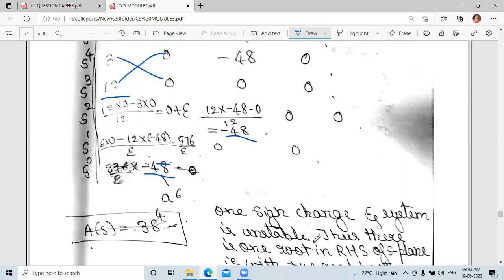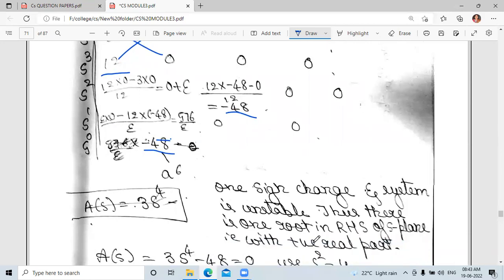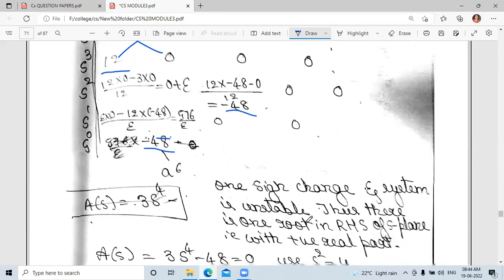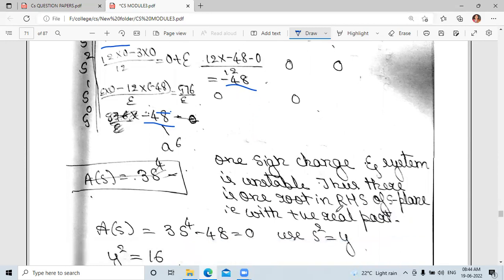When you compare from s to the power of 6 at the start, all are positive, and here it goes positive to negative. That's it, one time it has changed. So one sign change and the system is unstable. Thus there is one root in the s plane with a positive real part.